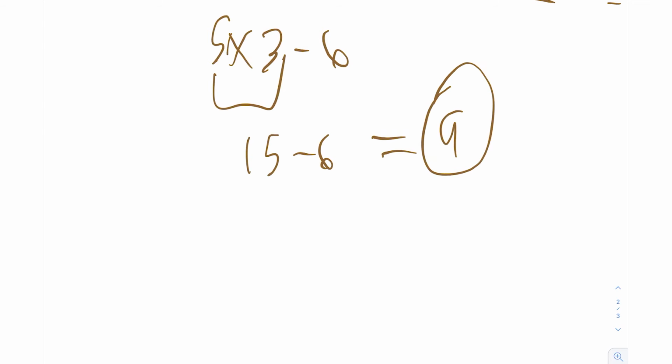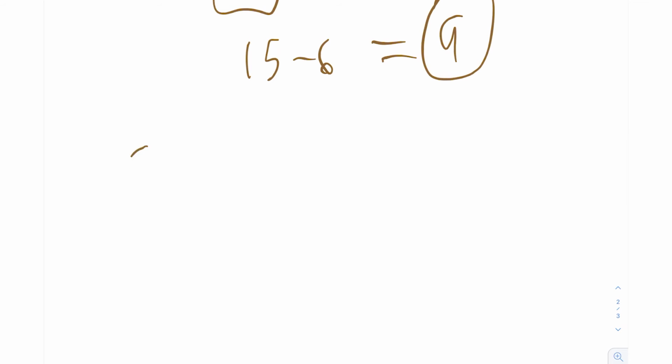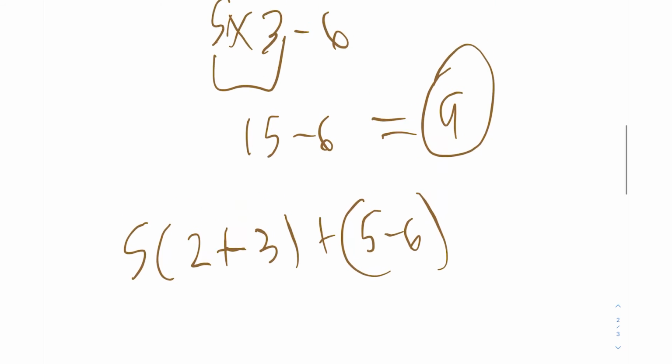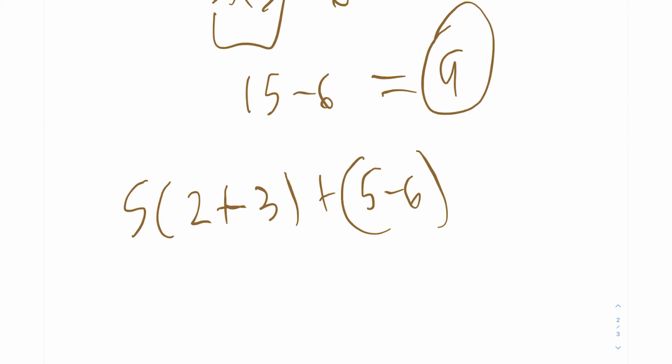Now let's try a more complicated example. Okay? Alright. So, in order to do this, we can look back at PEMDAS. And what do we see? Okay, we see 2 parentheses here.